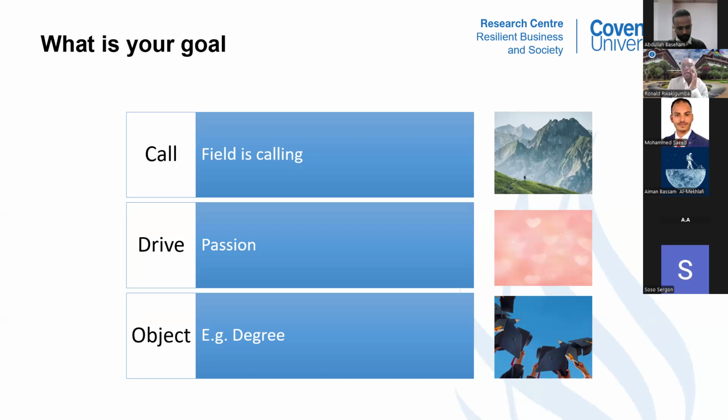So you want to find out the gravitational force that brought it. There's something calling you. For other people, and I think maybe I might be falling in the second category, it's passion. You have a passion for it. For example, I think the one example I could give is Lewis Hamilton.